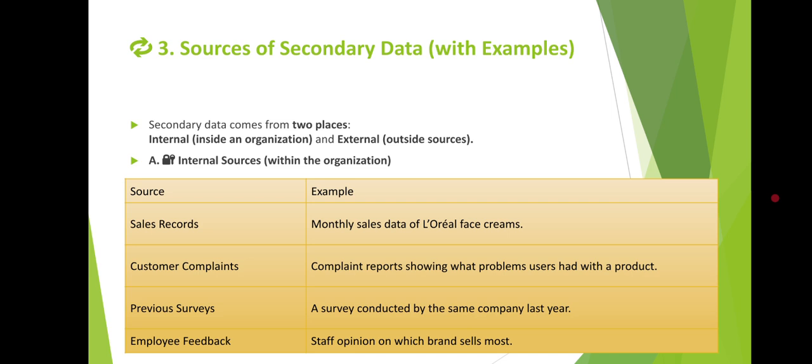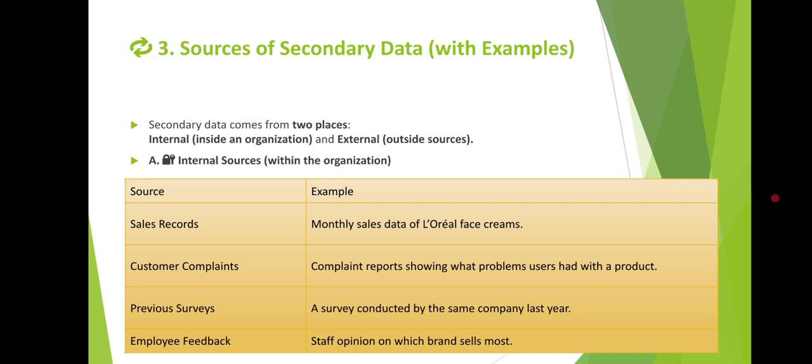Firstly we have sales record. For example, monthly sales data of L'Oreal face cream. Second source we have customer complaint. For example, complaint report showing what problems user had with the product. Third source we have previous surveys. For example, a survey conducted by the same company last year.